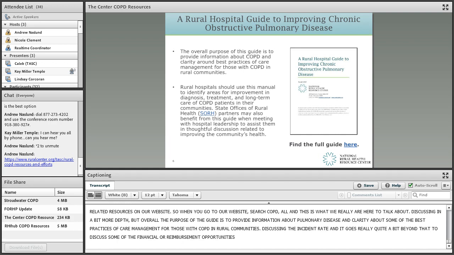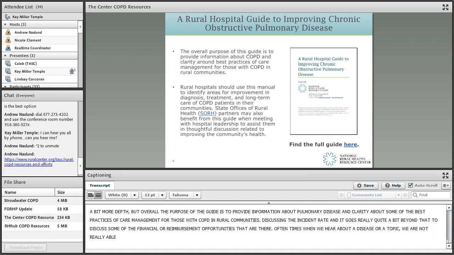Oftentimes when we hear about a disease or a topic, we're not really able to provide resources on funding opportunities or updates on that, but in this guide, Lindsay and the Stroudwater folks were really able to provide a lot of help and guidance on that.